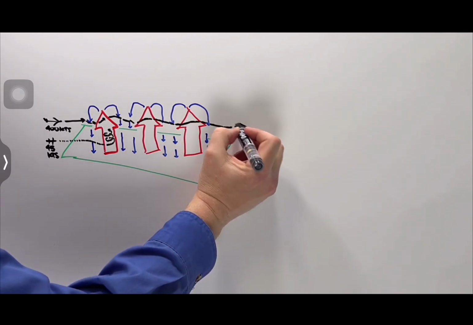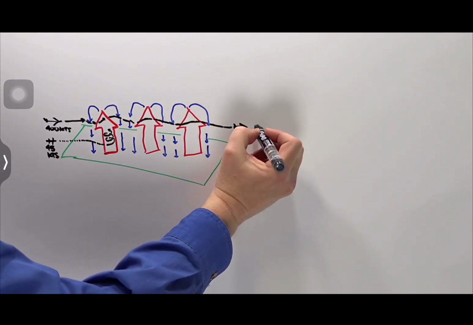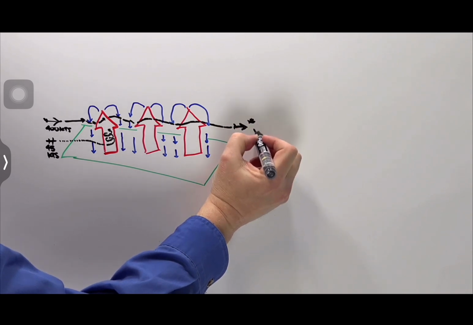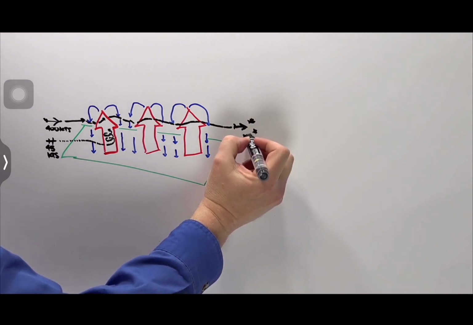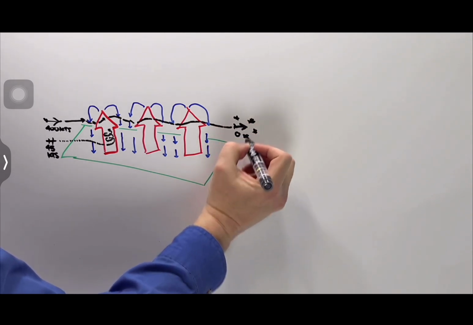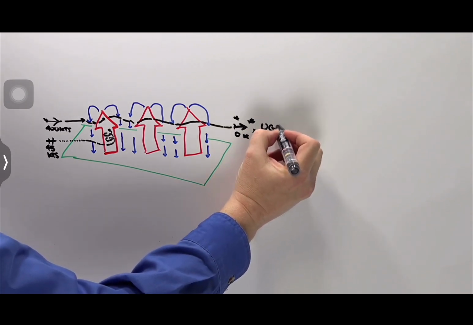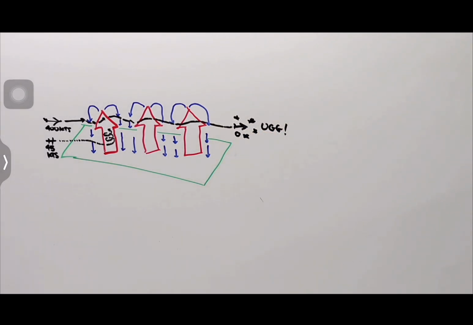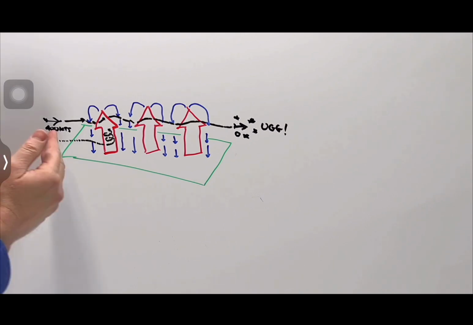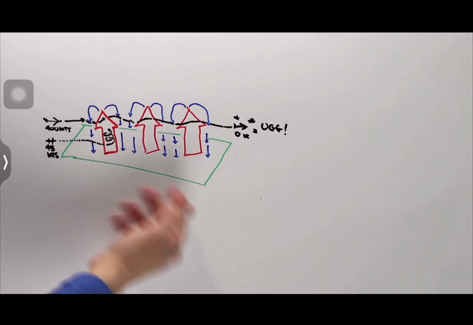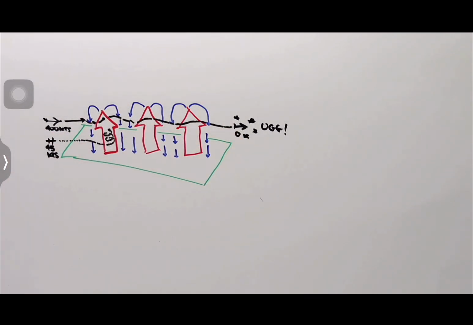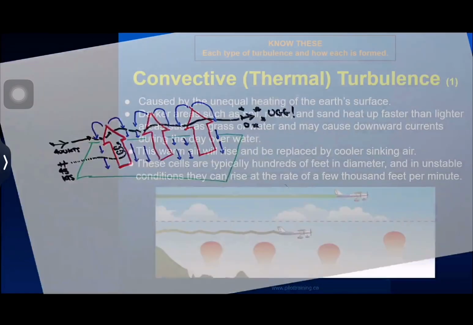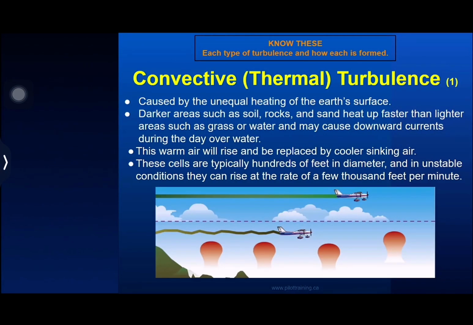And by the time our business traveler is on this side, they're kind of like feeling really, really airsick. So the speed at which our aircraft is moving through these cycles can have a huge, huge effect upon what we feel as turbulence. Okay, so we'll head back to the presentation then.